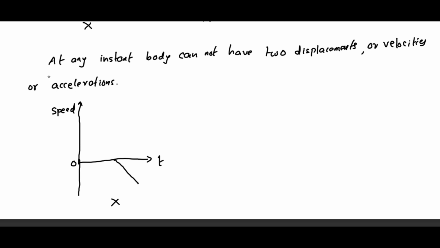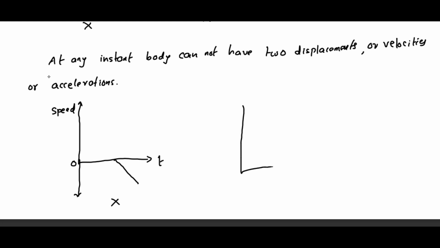Why won't such a graph exist? Here positive speed is along the positive y-axis, negative speed is along the negative y-axis. The speed won't be negative. So, such a type of graph won't exist.